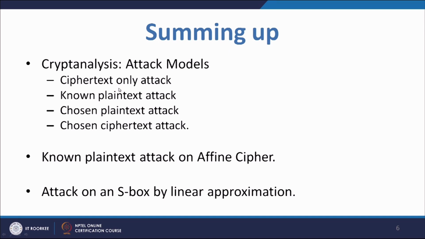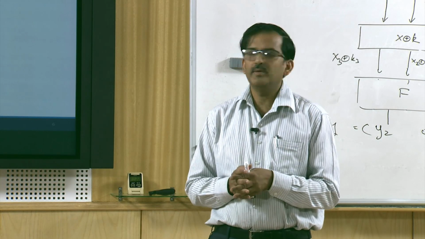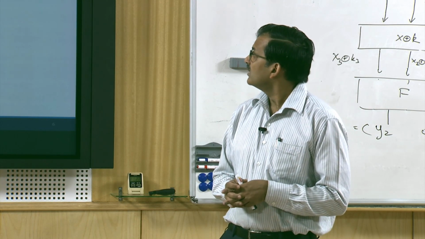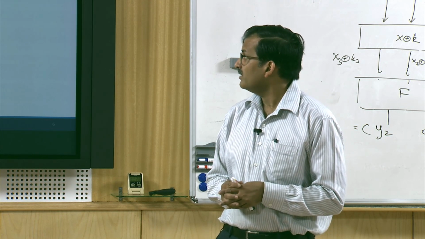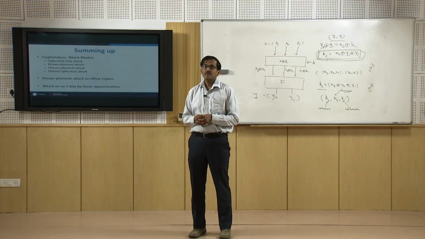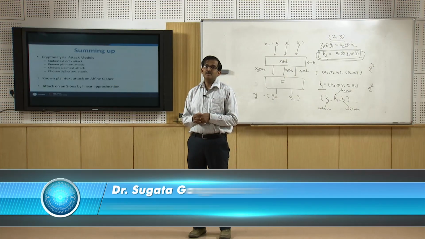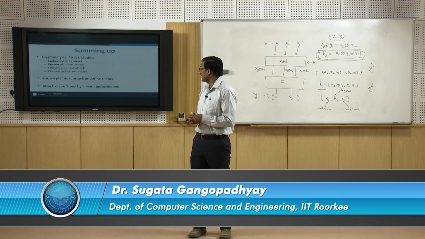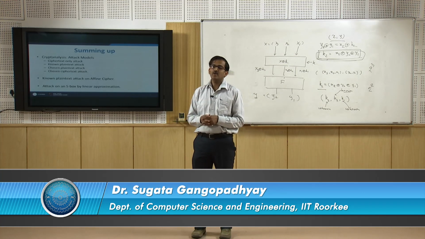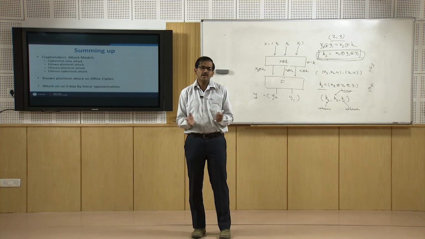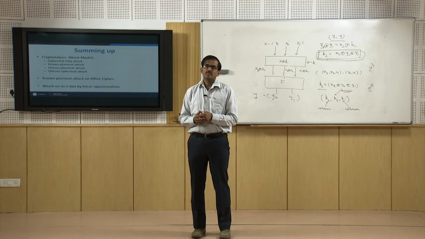We saw that there are several attack models and we have to know which attack model we are using, and then we checked the affine cipher and saw that it is not resistant to known plaintext attack, and finally we got a somewhat simplified idea of linear cryptanalysis.